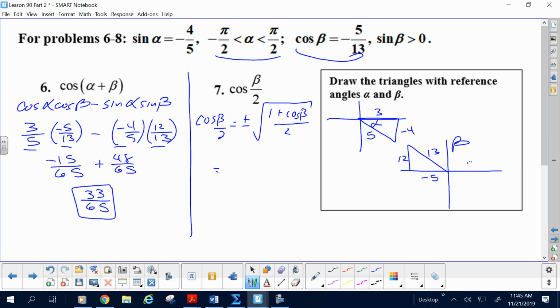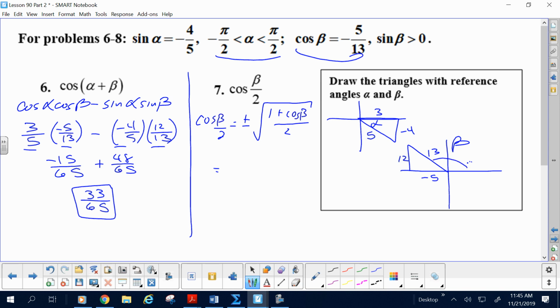Now, choosing the plus or minus, what quadrant would beta over 2 be in? Would it be positive or negative cosine? Positive.